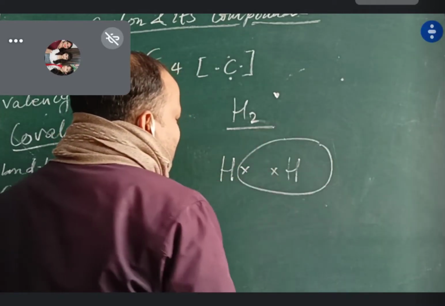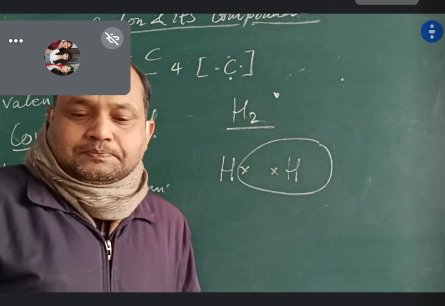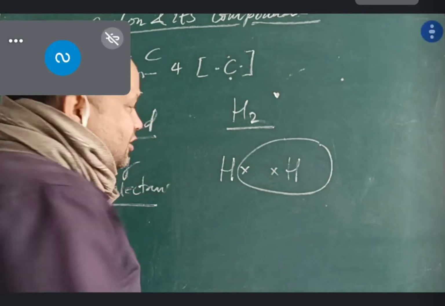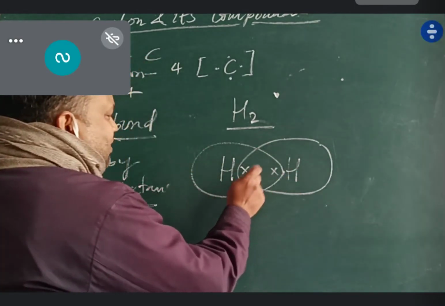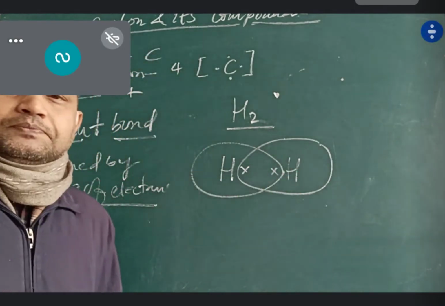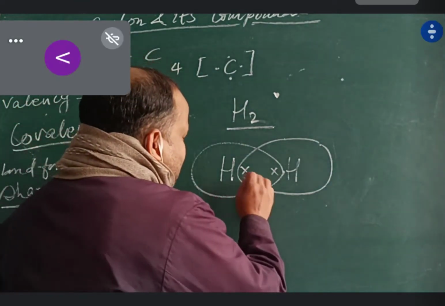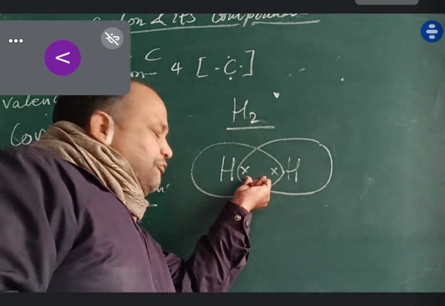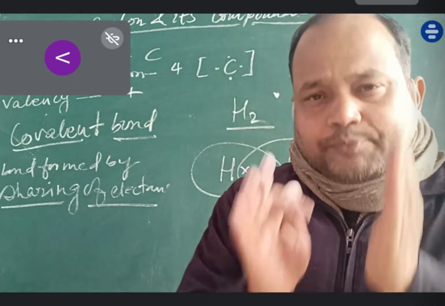Now, do the sharing. So this hydrogen atom now has how many electrons? Two. This hydrogen atom also has two electrons.